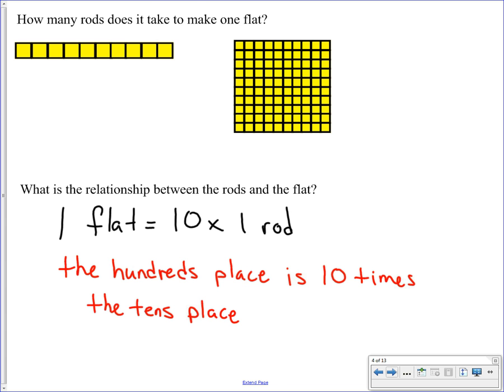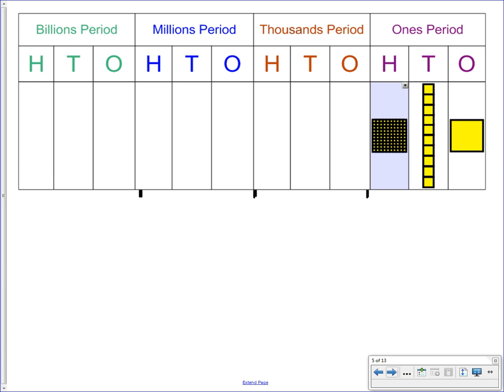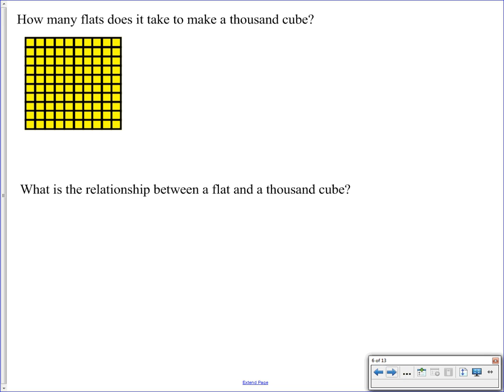Okay, let's go ahead and add our flat to our place value chart here. And so, once again, going to the left, multiplying by 10. So 10 rods equals 1 flat. Hopefully by now you're kind of catching on.